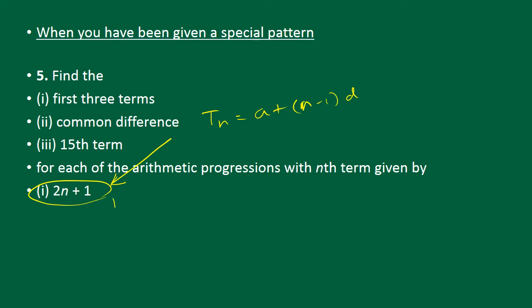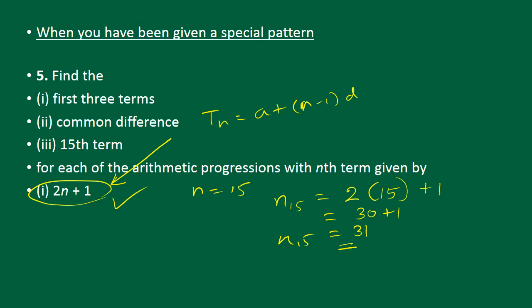So use the given pattern, right? So here you have to find out the 15th term. That means n is 15. You just need n. That's all it has. It doesn't have any d, anything else, right? Then you can find out T15 is 2 into 15 plus 1. That means 30 plus 1, that is 31. T15 is 31. That's it.